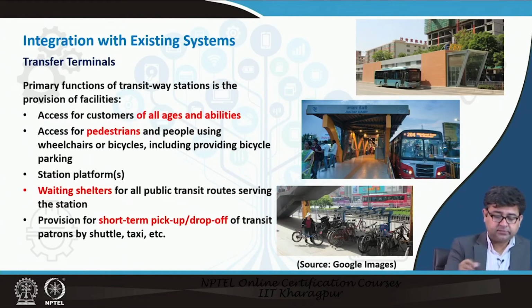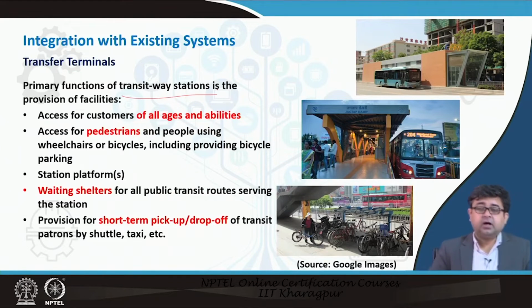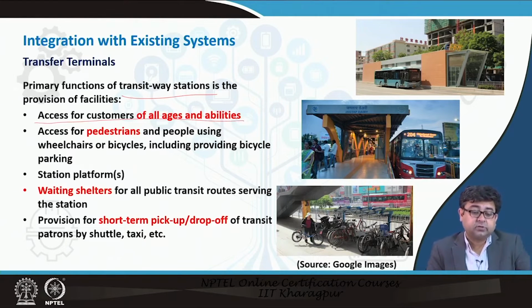Again, transfer terminals, if you look at the primary functions of these stations. Remember, some elements are functional elements, whereas other elements are aesthetic elements. Functional elements are very crucial in the design of any station, and that is what should be consistent across stations, right. So, the first function is to provide access to customers of all ages and abilities, right.